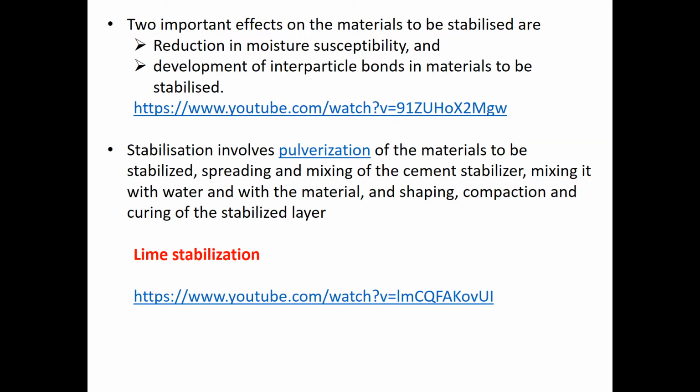After you lay the aggregates, you spread the cement, and then you just do one run with the pulverizer. But if it's an existing pavement, the first run is to crack the wearing course and the base course and mix it to whatever depth they want to do the stabilization. It could be like 300 mm thick.